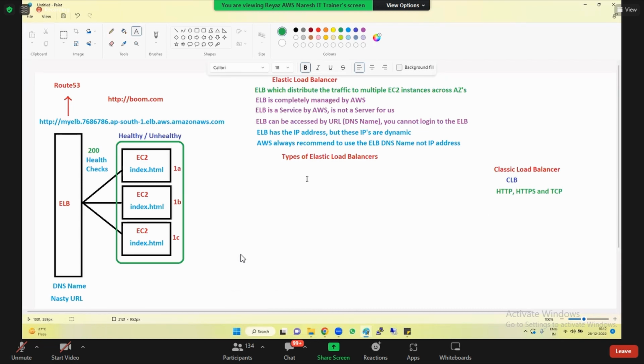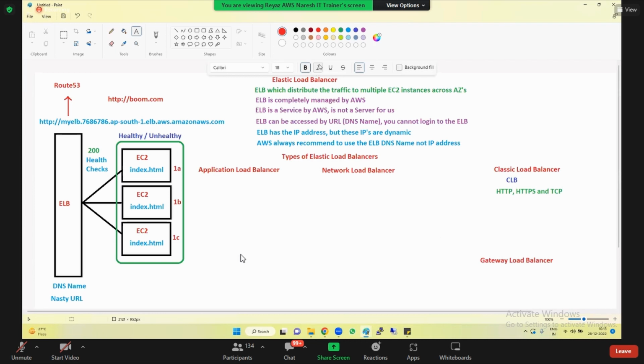Later, due to different types of requirements, AWS came up with different types of load balancer, which is the latest generation. That is called application load balancer, and network load balancer. And lately, they got something called gateway load balancer.